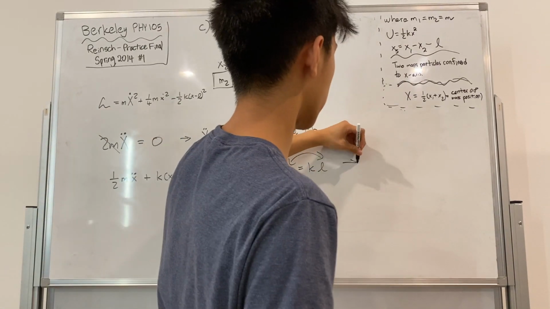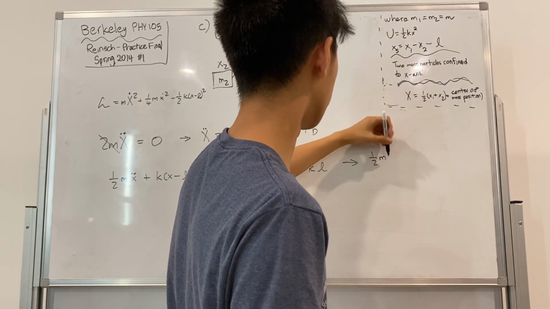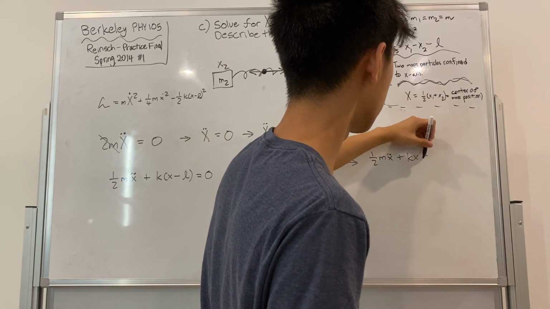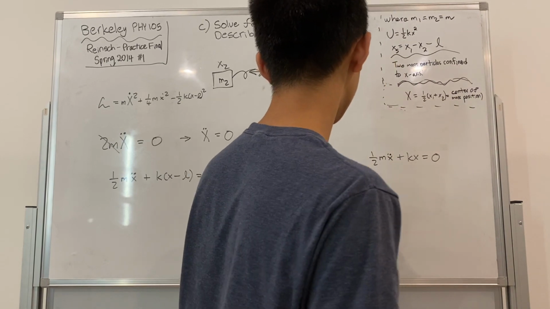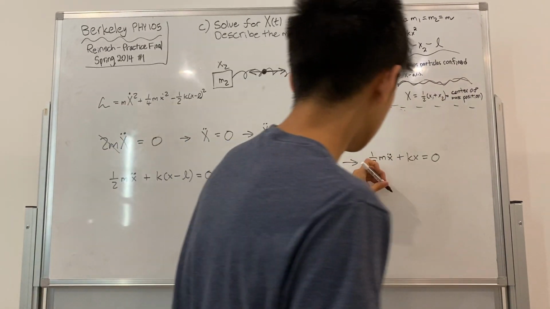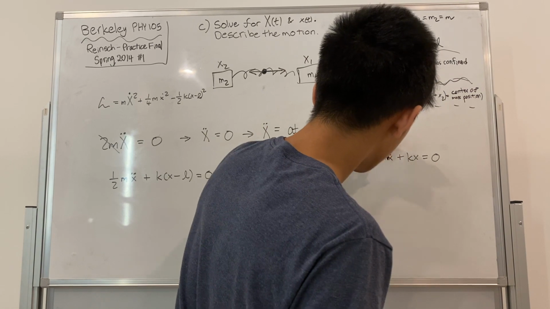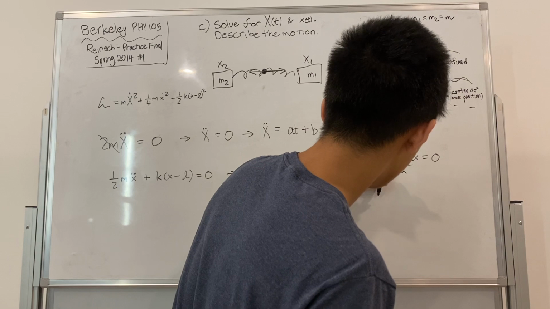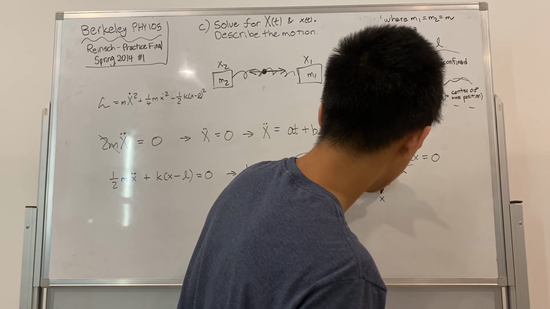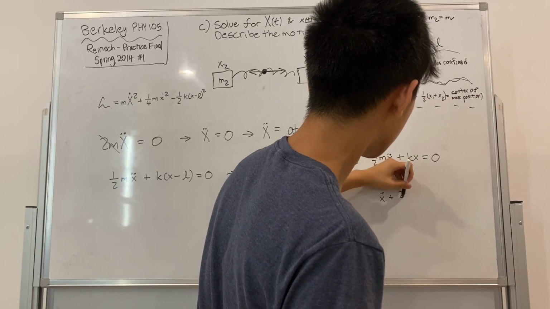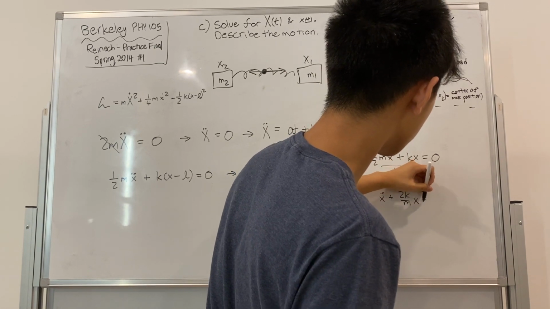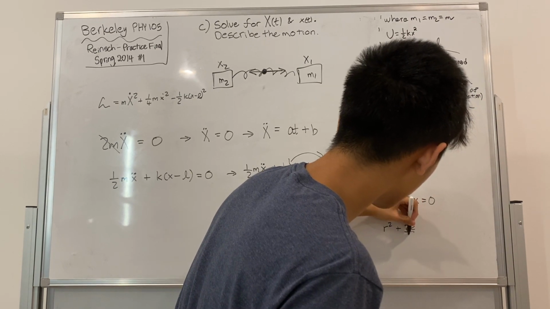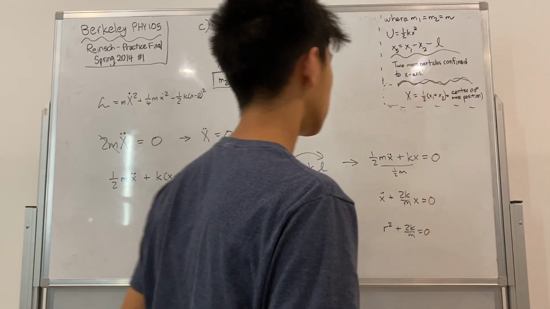So let's do that. 1/2 m little x double prime plus kx, pretend that it's 0 here. Then we can just divide everything by 1/2 m. So we will get x double prime plus 2k over m x equals 0. And then this is equal to r squared plus 2k over m equals 0.